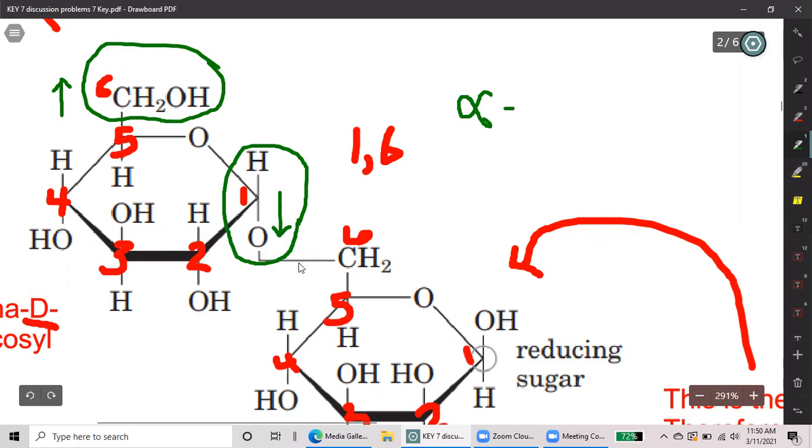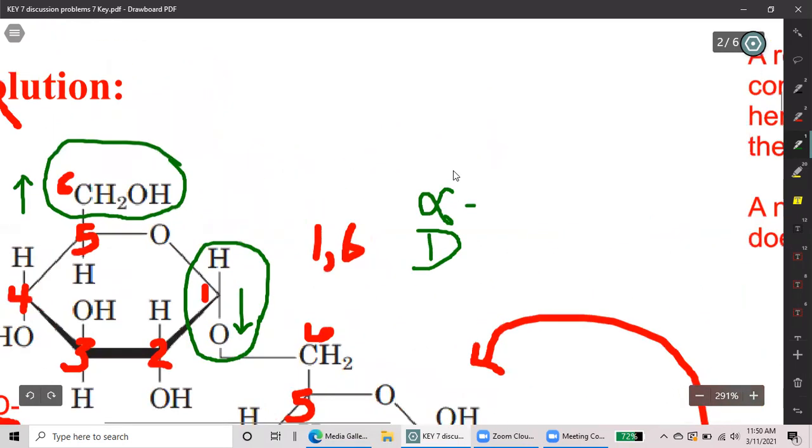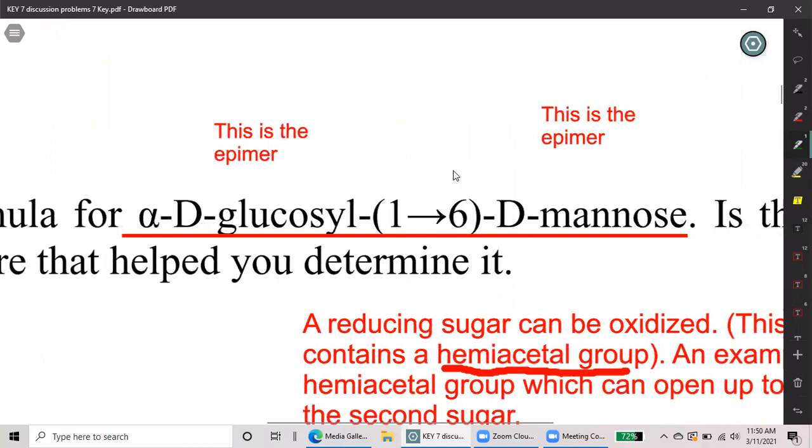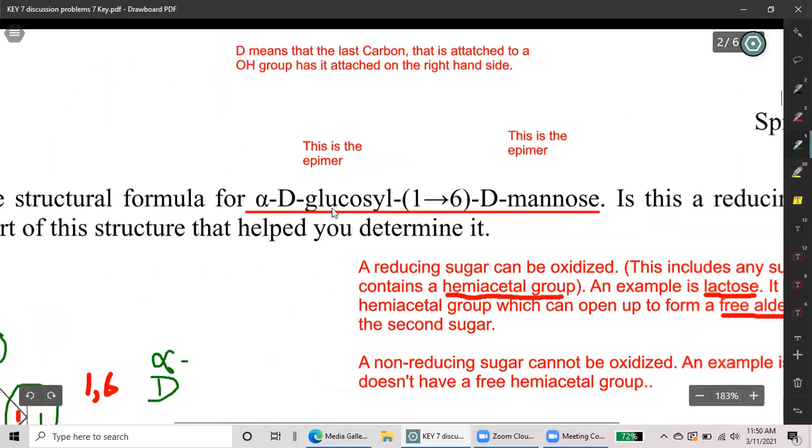Now, is this D or is it L? Well, for that, we just look at carbon number 6. If it's facing upwards, then it is D. If it were facing downwards, then it would have been L. Okay, so that's how you can figure out how to draw this when they only give you words.